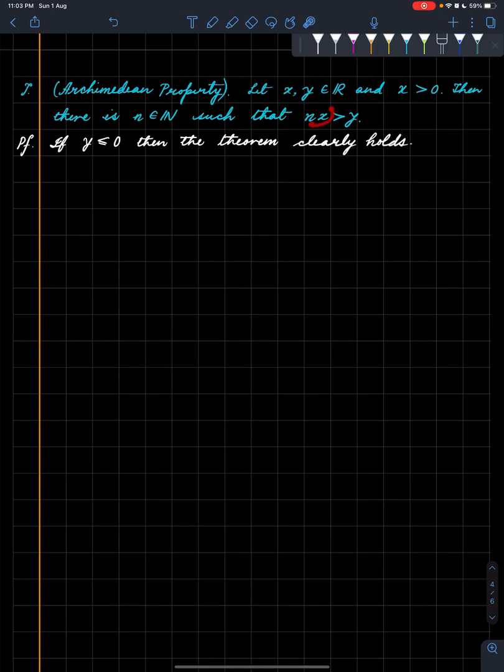That's simply because this is positive. So if this is positive and this is less than or equal to 0, then of course this holds.